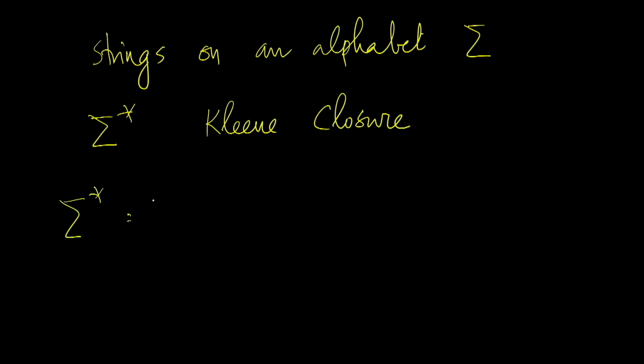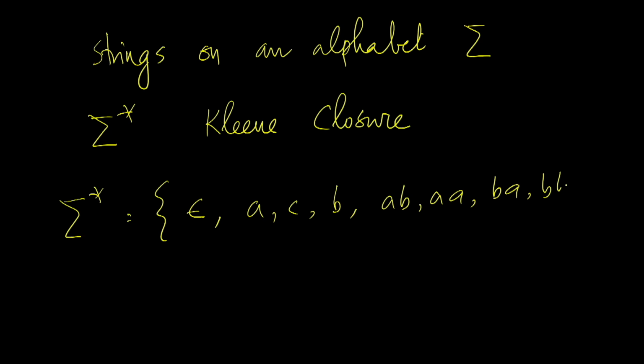This would of course consider the null string, the string of no length which is made up of no character. Then it will have all strings of length 1, all strings of length 2, and so on. You can form an infinite set of strings from sigma, even if sigma is finite. So this set is sigma star.